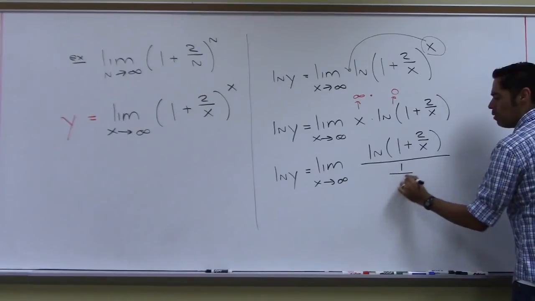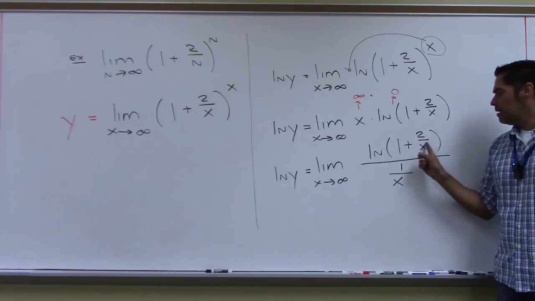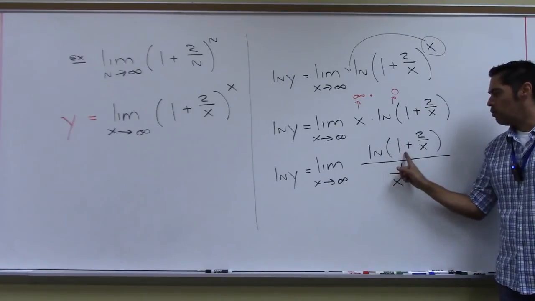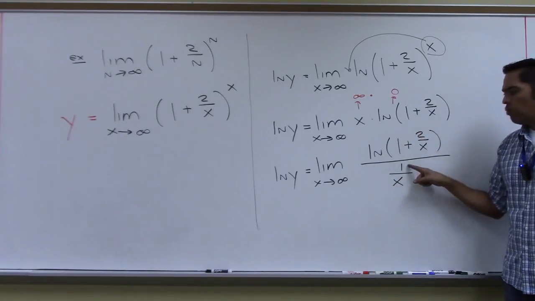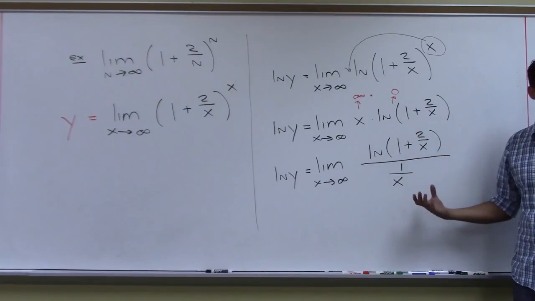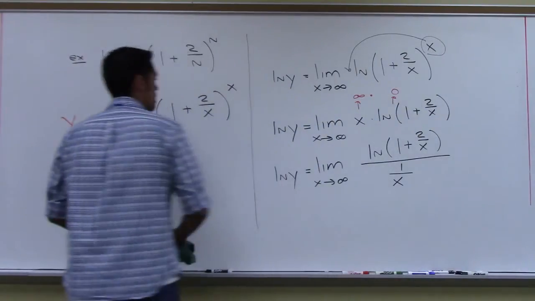When I do that, it has to be a 1 over x on the bottom. And then you play the same game. What happens as x goes to infinity? We already know that this is going to turn into a 1. We already know the natural log of 1 is going to be 0. Then 1 over infinity gets close to 0. Now we finally have 0 over 0. So there's a lot going on here, right?